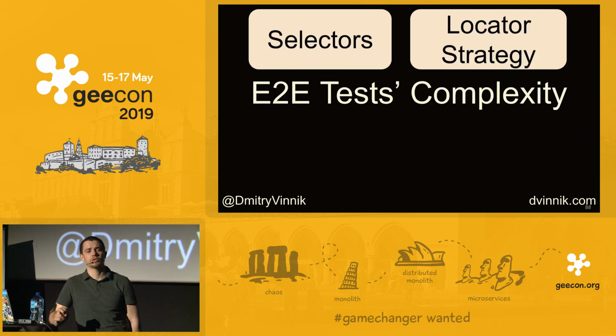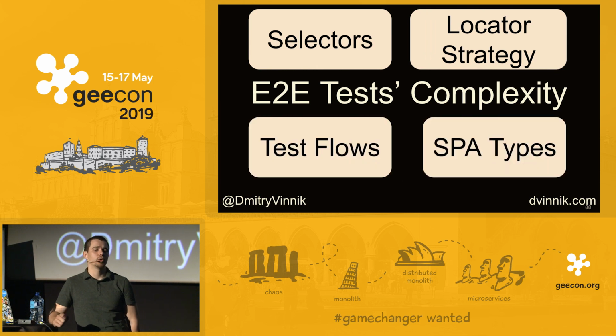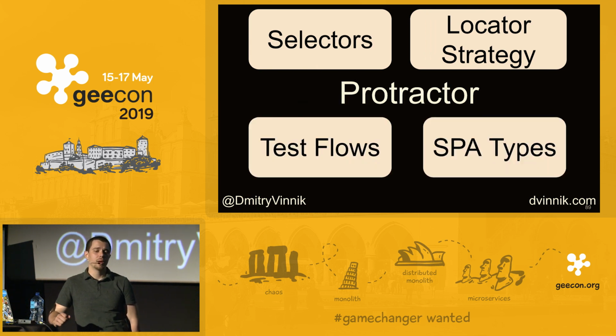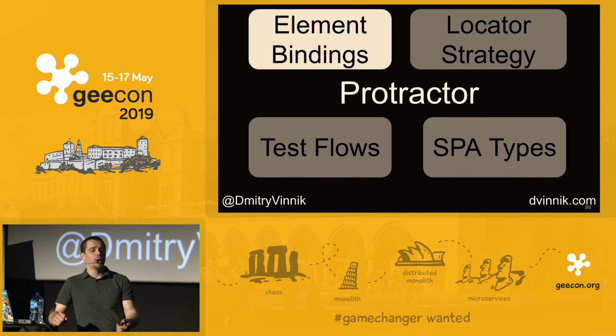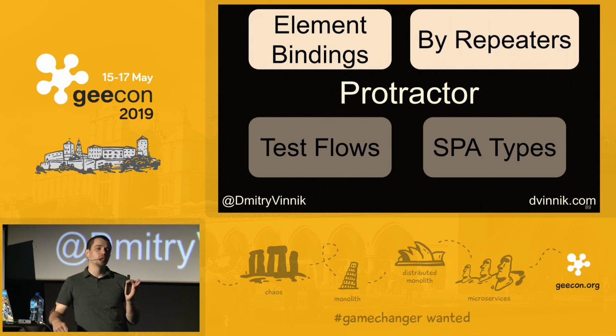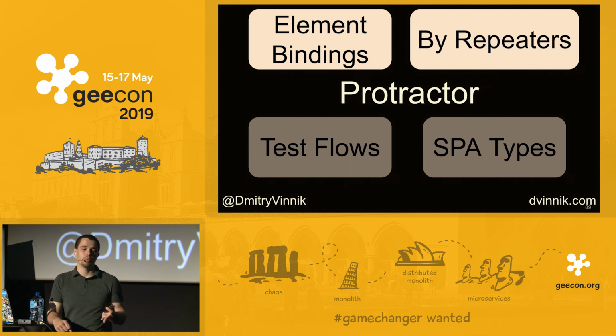Those four complexities that I mentioned, selectors, locators, test flows, and spot types, when applied to Protractor, selector-wise, they use element bindings. In other terms, those elements I showed you, the models, the iterators, still exist, but you can connect to them directly. Locator strategy-wise, you can connect to the individual models or repeaters or whatever you have in Angular using a specific API that the Protractor team supplied you with.